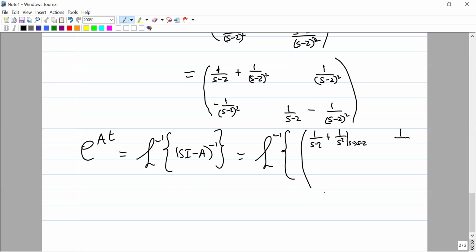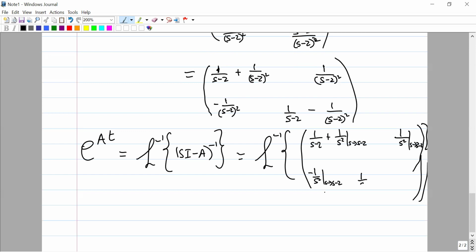And then 1 over s minus 2, 1 over s squared, when s is replaced by s minus 2. Okay. Then here, minus 1 over s squared, s replaced by s minus 2.